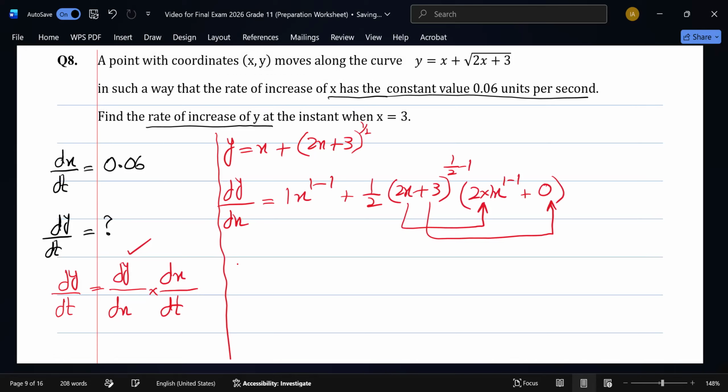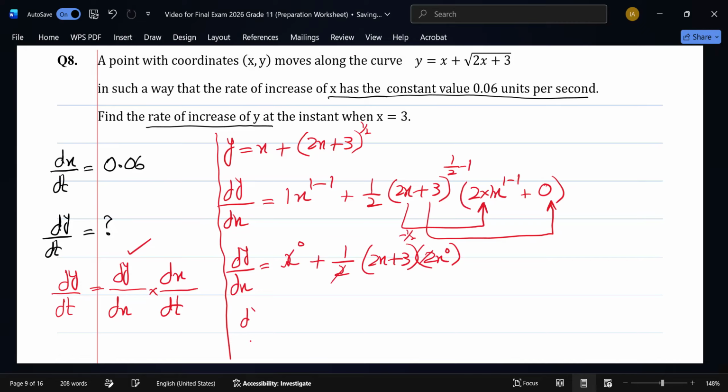Now, dy over dx: this is x power 0, which is 1, plus 1 over 2, (2x plus 3) power minus half, and this is 2 times x power 0. The 2 cancels out.